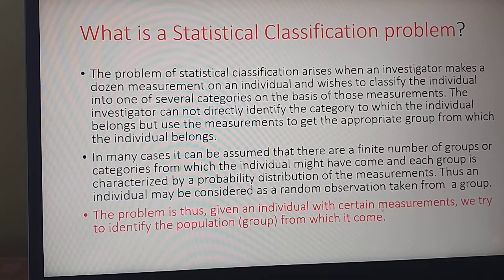In many cases, it can be assumed that there are a finite number of groups or populations or categories from which the individual might have come, and each group is characterized by a probability distribution of the measurements.